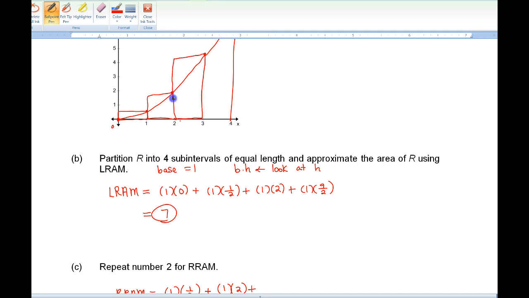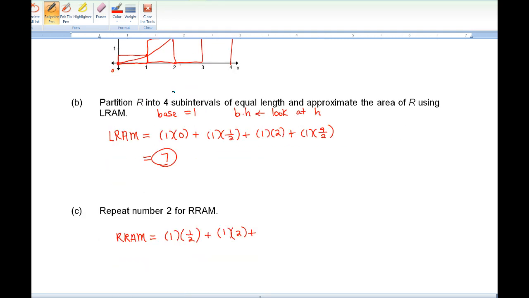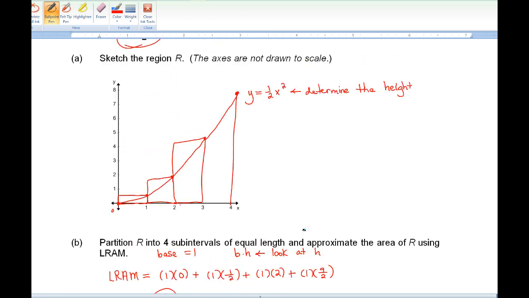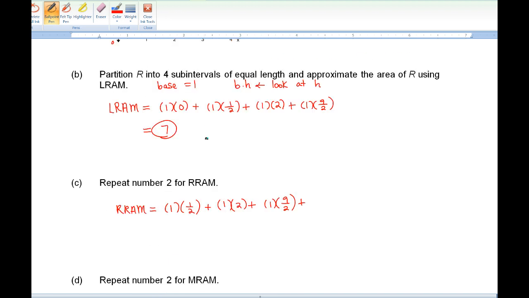So 3 determines the height of the rectangle, and we said that was going to give us 9/2. And finally we have one more rectangle. This one goes from 3 to 4. So 4 determines the rectangle's height, and that gives us 8. So we have 15.